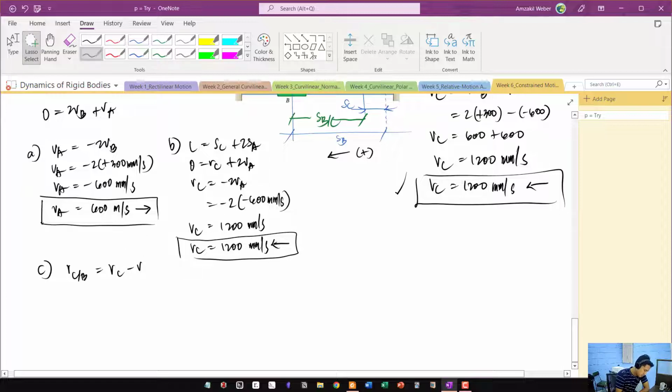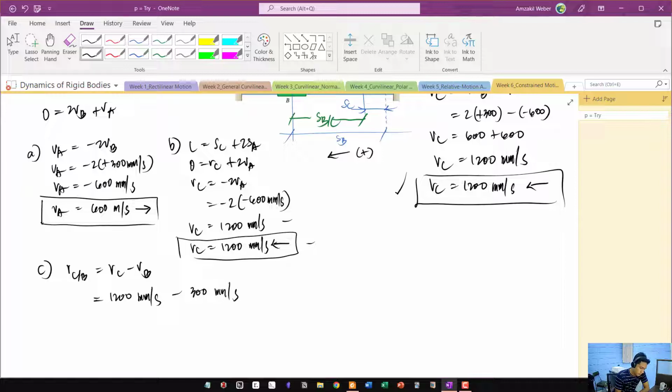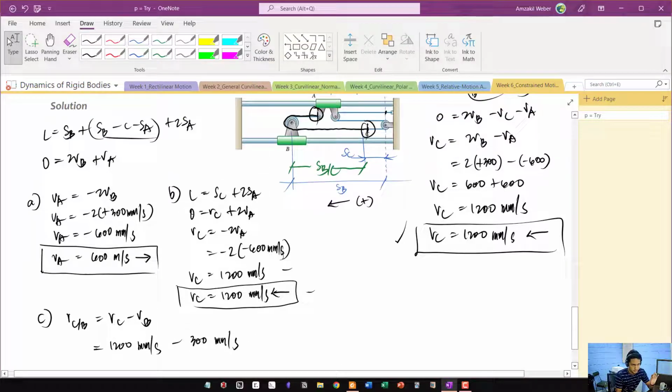We have VC, we have VB, so plug in. VC is absolute, it is 1200. Do not use this one, use this one. And minus, that's the operator. VB is 300 leftward, that would be positive. They're both leftward. Point C is moving and B is also moving.